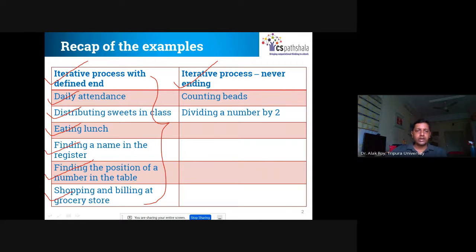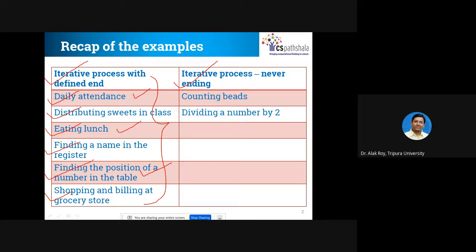I have explained attendance, then lunch, then position of a number in a table. All of these have a defined end, but counting necklaces, counting beds, are never-ending processes.